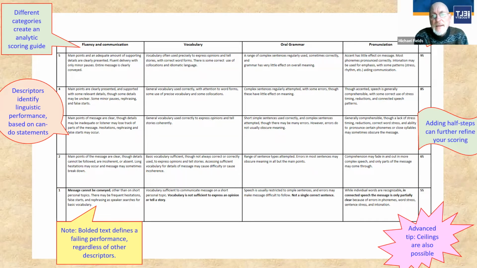That's just a possibility. You could think of anything you wanted, and as you're constructing rubrics, you could add them in anywhere you wanted, these ceilings that say this is sort of a must do. And if you didn't do this, no matter what else you did well in that category, you're not going to go above a C or whatever level you think would be the right one.